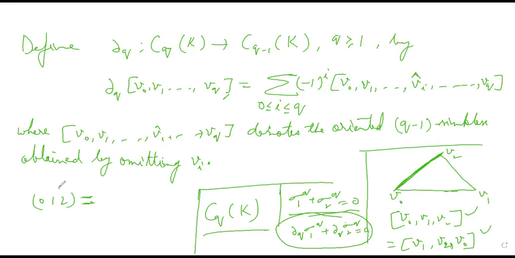If you apply this over this one, you will get this. So these two will represent the same oriented simplex. But if I just take v1, v0, v2, then this will not represent the same oriented simplex as this one. These will be different because they differ by a transposition, that is 0, 1. So v0 and v1 are interchanged.